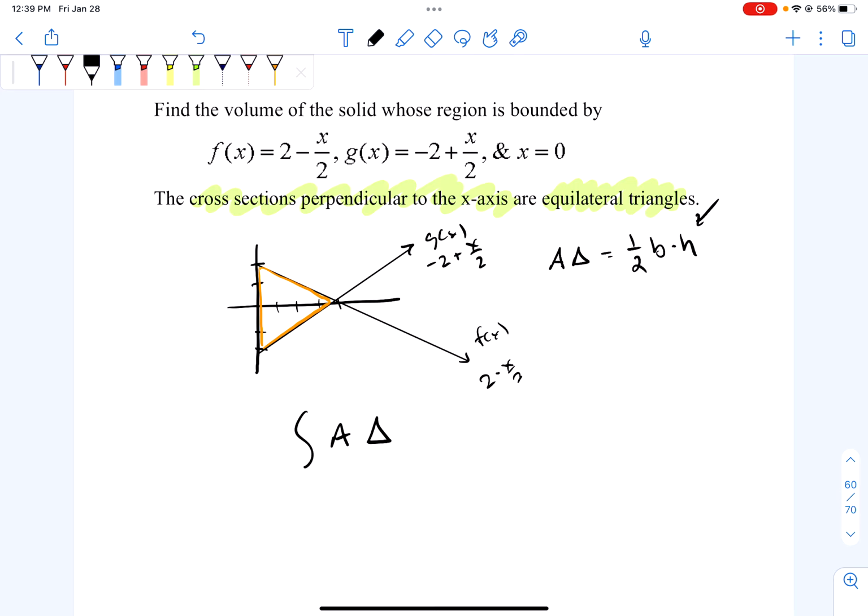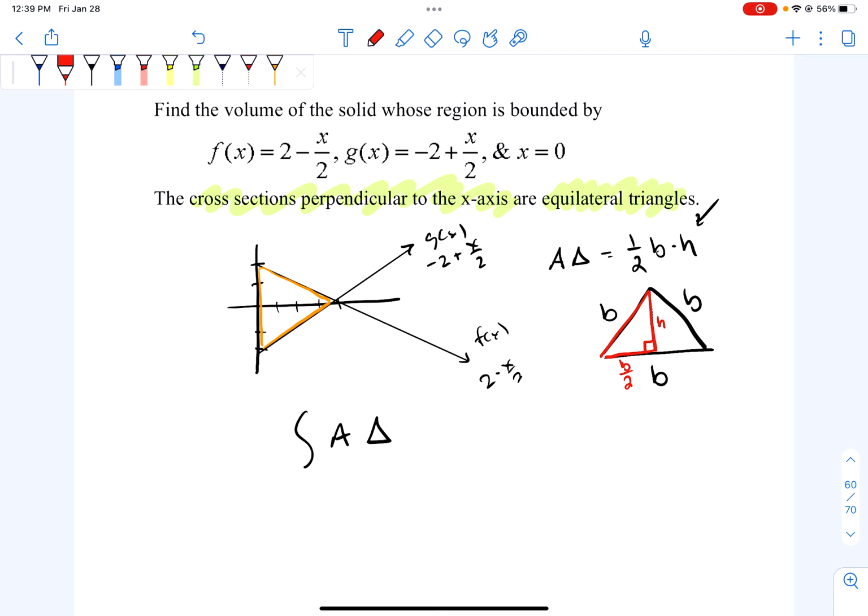But if I think about an equilateral triangle, and I'm going to call the bottom the base, then these sides are also the same length, right? They're also the base. Now, to find the area, I would normally use this height right here, but I don't know the height. So I'm going to make this a 90-degree triangle, and I'm going to use half of my triangle. We're going to call this b over 2. So I'm only focusing on this right here.